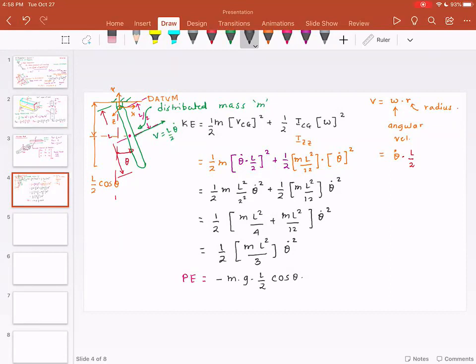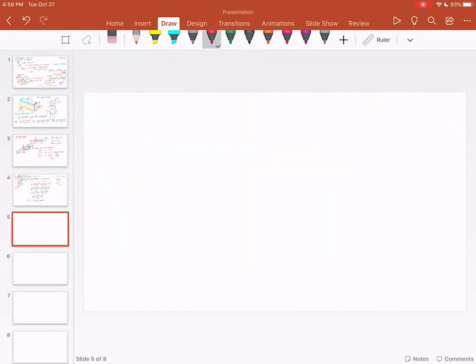Now we have to formulate the Lagrangian. So let's start. I'm going to formulate the Lagrangian L is equal to T minus V, and T is 1 half m L square by 3 theta dot square minus V. Let's not forget there is another minus sign, m g L by 2 cosine of theta. Now we got the Lagrangian.